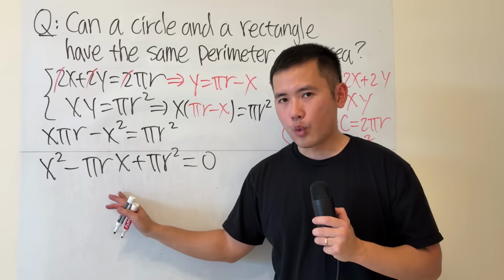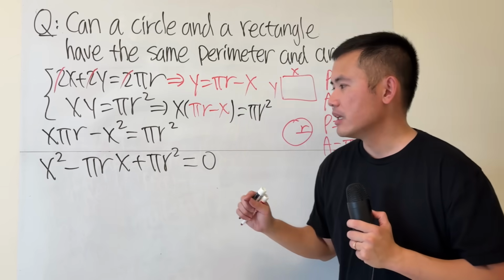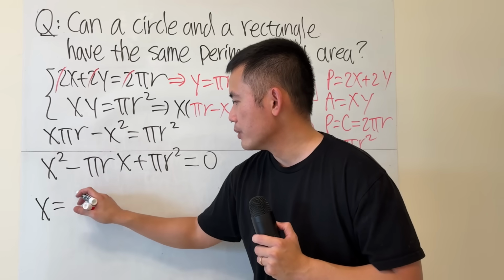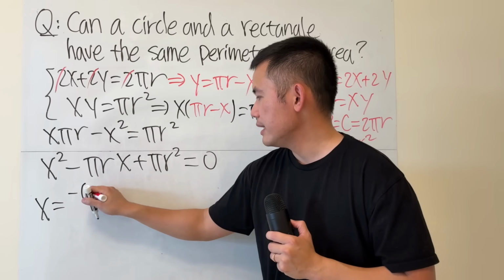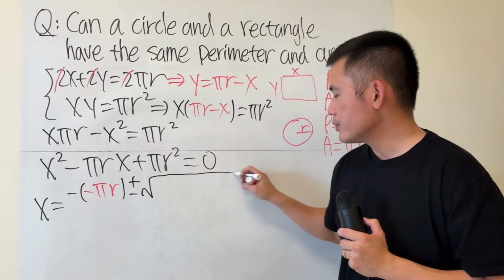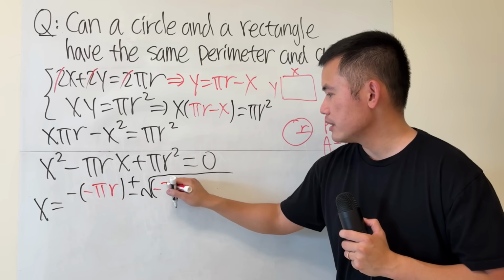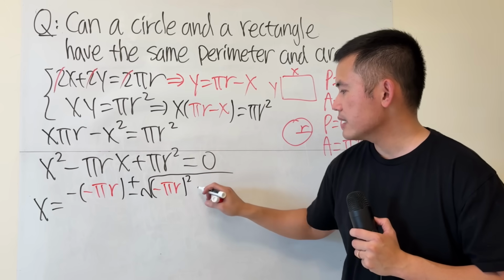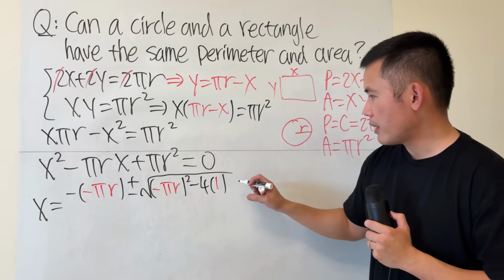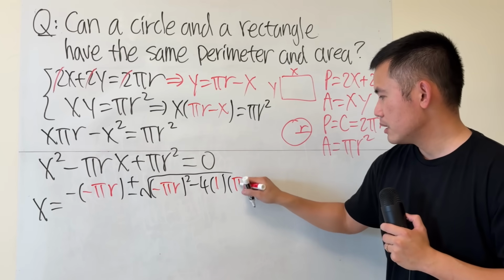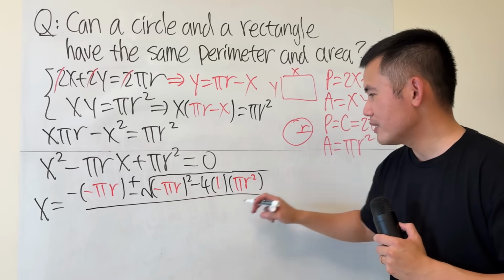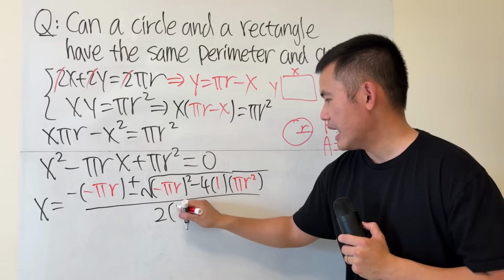I'm looking at this as a quadratic equation in terms of x. So let's use the quadratic formula. x will be equal to negative b, which is negative pi r, plus or minus the square root of b squared, which is negative pi r squared, minus 4ac, where a is 1 and c is pi r squared, all over 2 times a.